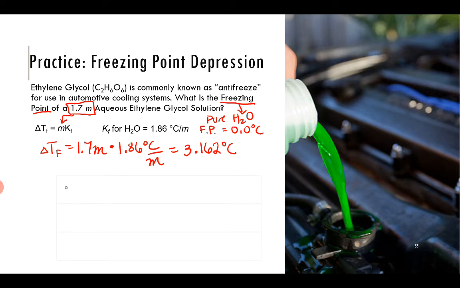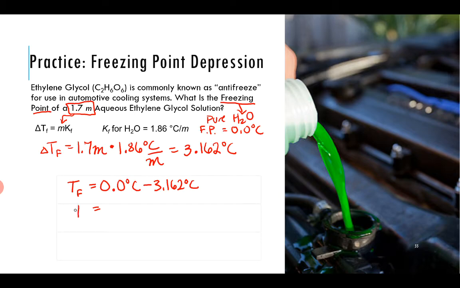So the next thing I have to do is find my new freezing point. My new freezing point will be equal to my original freezing point minus my change in freezing point. And so I have to subtract those two numbers, 0 minus 3.162.